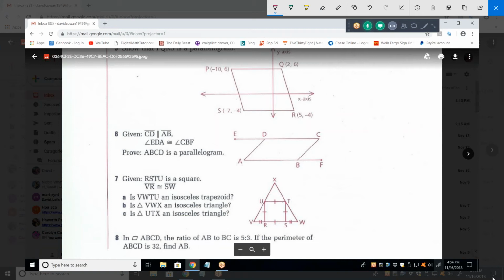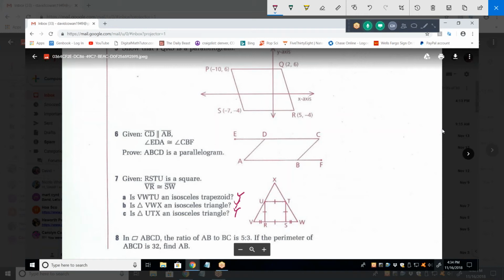It's actually going to be subtraction because we know this is equal to this, and we know that's equal to that, and therefore that's going to be equal to that. So that makes it isosceles. So yes, yes, and yes. Okay, what next? Next page? Number 8. Number 8, okay.